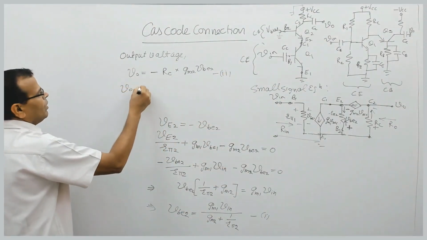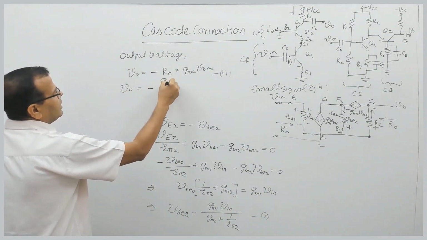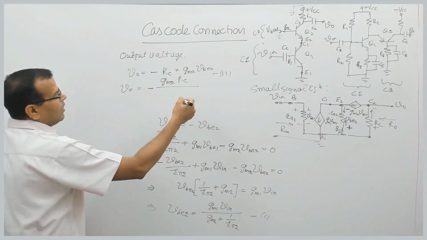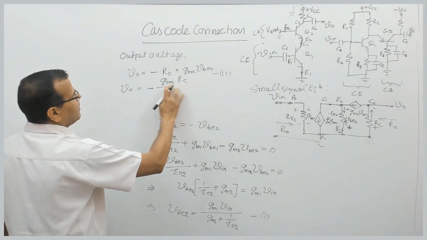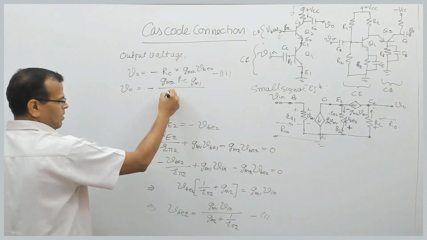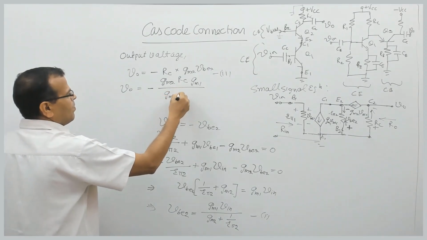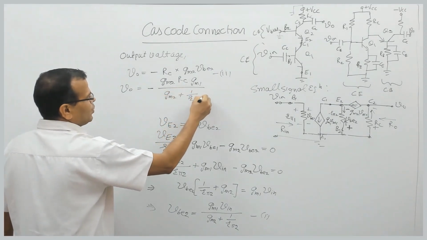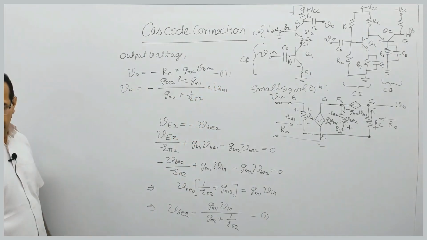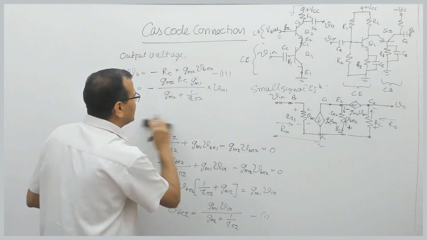So V0 will be minus GM2 RC multiplied by GM1 divided by GM2 plus 1 by R pi 2, multiplied by Vin. So this gives the voltage gain.